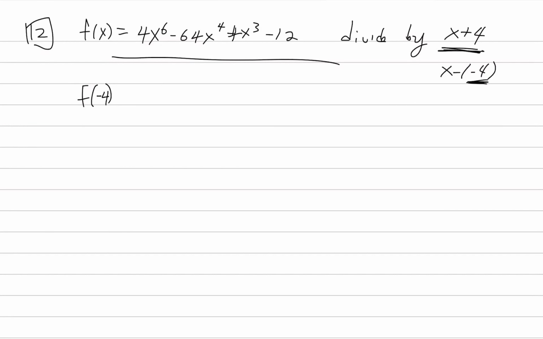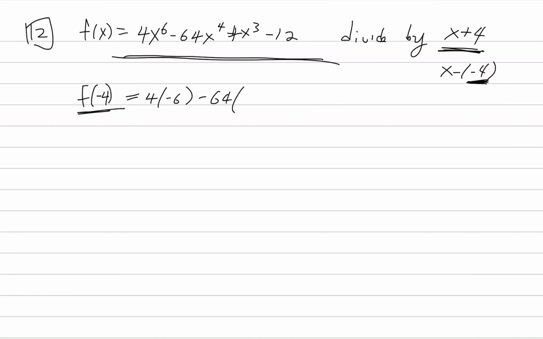This is k from the dividing polynomial section. If it's a factor, that means when I plug in negative 4, this should be 0, right? Okay, so we can try this. Again, you're also welcome to use synthetic division to see if it divides or not.